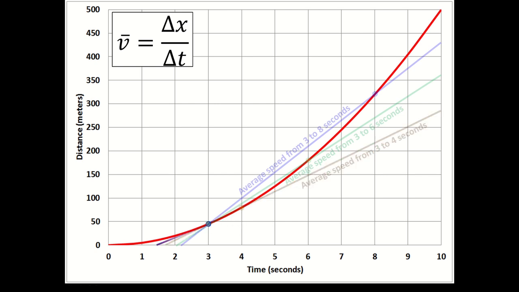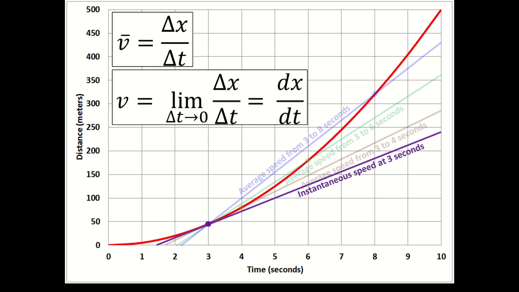But if I want to find the instantaneous velocity, how fast it is going right there at that instant, I have to find the slope of 2 points, like here and here, but as those 2 points get closer and closer together, so close they actually become one and the same point. And this is a little calculus notation, but this is just saying the limit as delta t goes to 0, as our change in time gets closer and closer to 0.